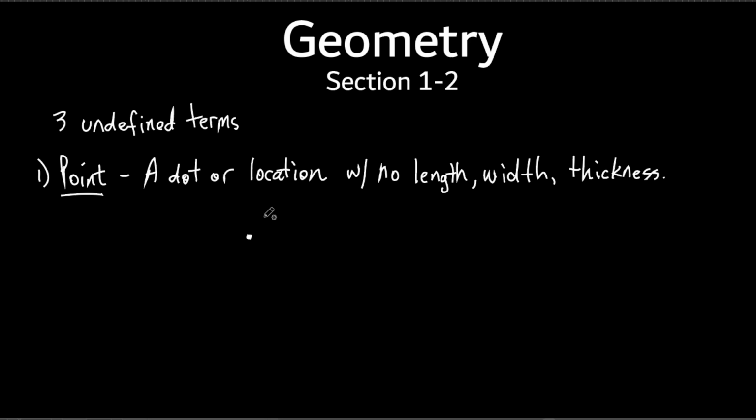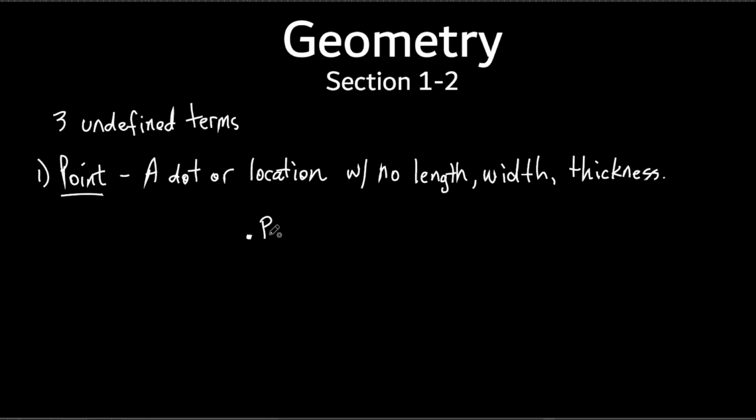And we describe a point with a letter. And we always use a capital letter. So anytime we talk about points, we use a capital letter. So if I had a point right there, a dot, I would just put P for point. You could use any letter of the alphabet. It doesn't matter. A lot of times we just use P for point, okay? It's not really a variable because it doesn't stand for a number. It's just a name.